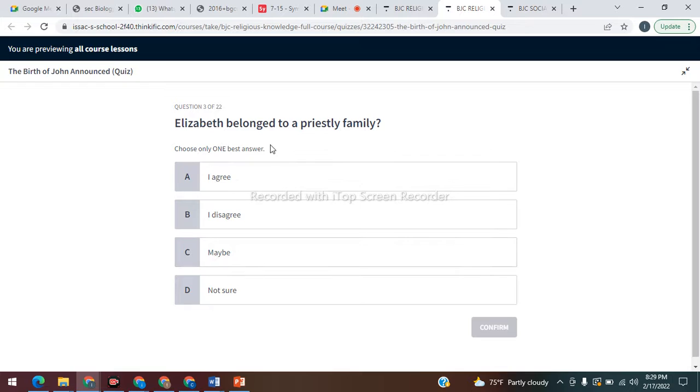Elizabeth belonged to a priestly family. I agree, I disagree, maybe, not sure. Kennedy says B. But in my calculations, Elizabeth was in the family of Aaron.